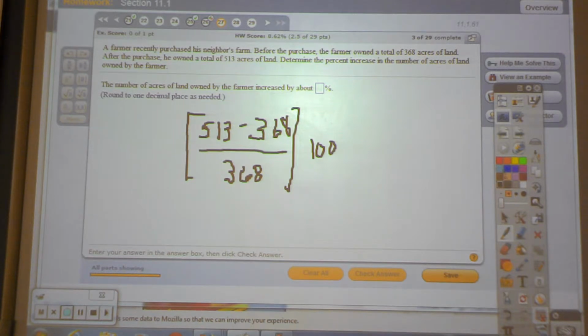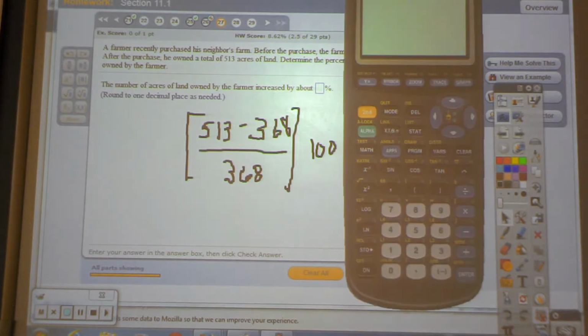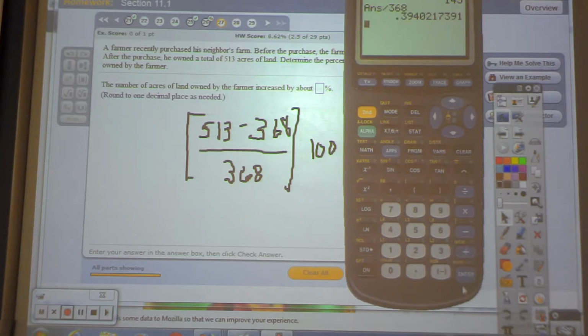We'll pull up our calculator because I don't trust y'all. So 513 minus 368 is equal to whatever, divided by 368, times 100. 39.4%. That's what I had.